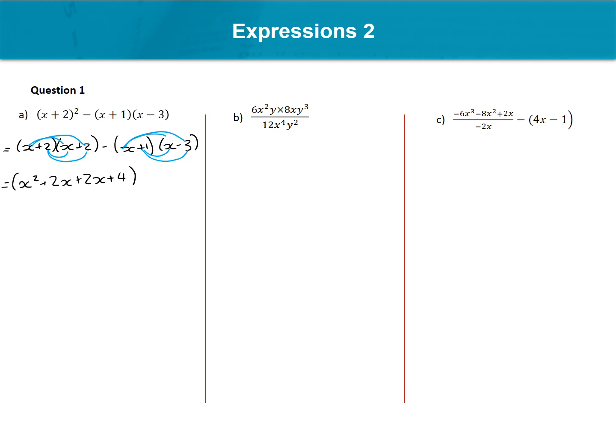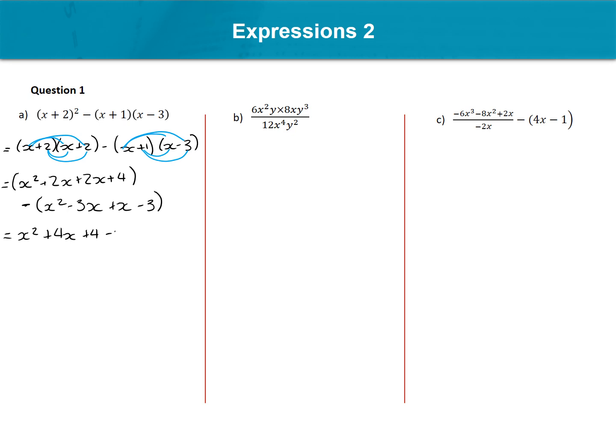I don't have space here, so I'm just going to write it underneath, minus (x² − 3x + x − 3). Alright, so now we can write it out nicer, x² + 4x + 4, and then we have a minus (x² − 2x − 3).